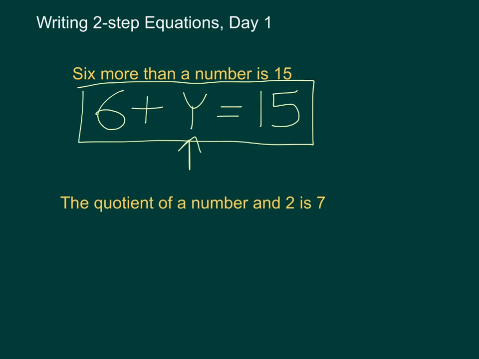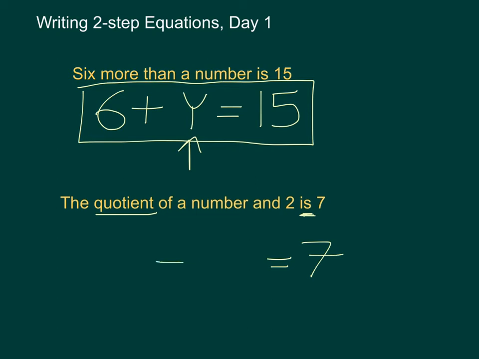So for the second one, it says the quotient of a number and 2 is 7. So as soon as we see is, we know it's going to equal 7. Now I'm trying to remember what quotient means. Sum, more than, those are addition. Less than, subtracting, those do minus signs. Product is multiplication. So quotient must be division.